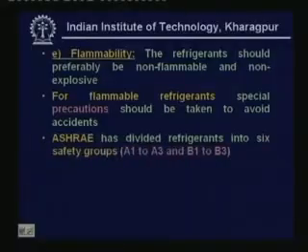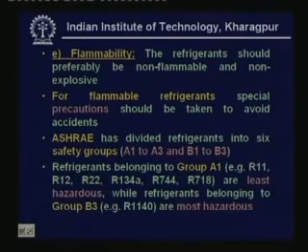And ASHRAE, the American Society of Heating, Refrigeration and Air Conditioning Engineers, has divided the refrigerants into 6 safety groups: A1, A2, A3 and B1, B2, B3. Refrigerants belonging to group A1, for example R11, R12, R22, R134a, R744, R718, are least hazardous, while refrigerants belonging to group B3, for example R1140, are most hazardous.